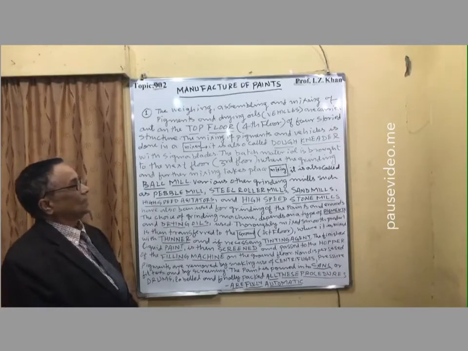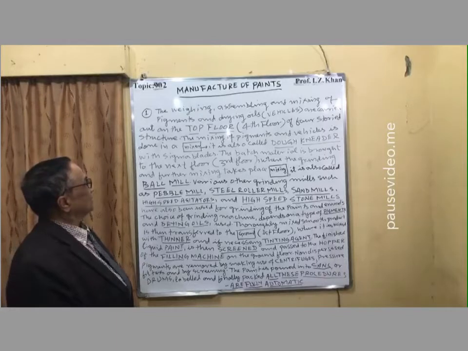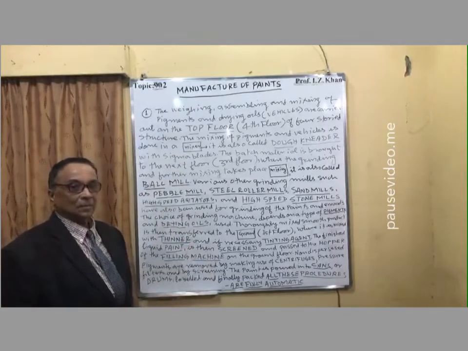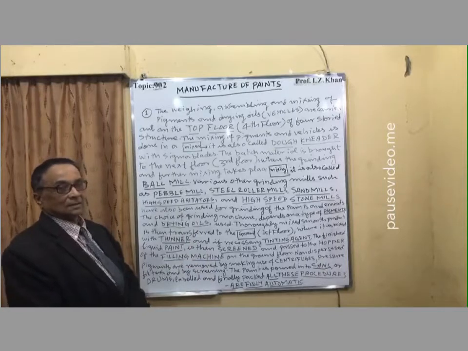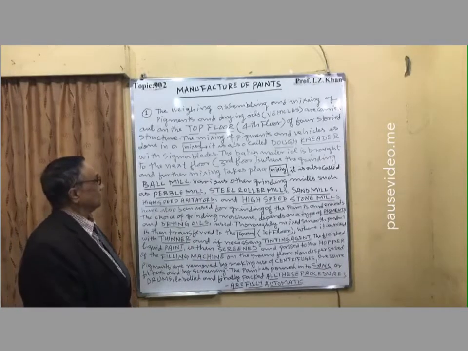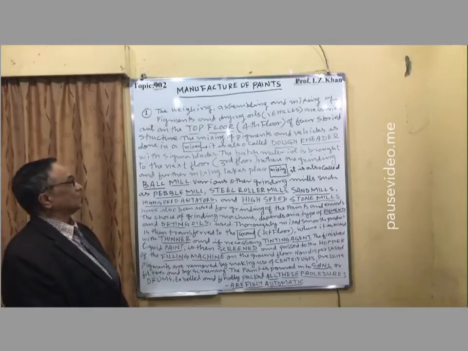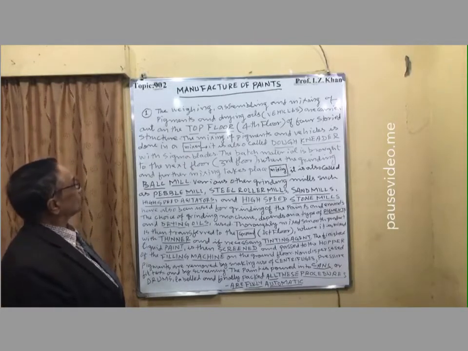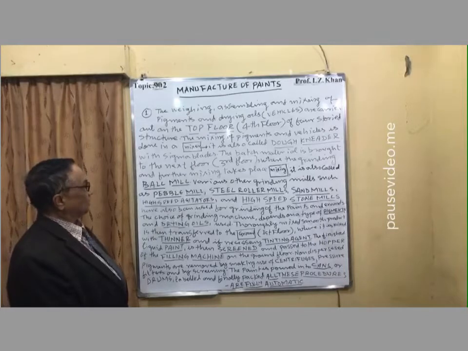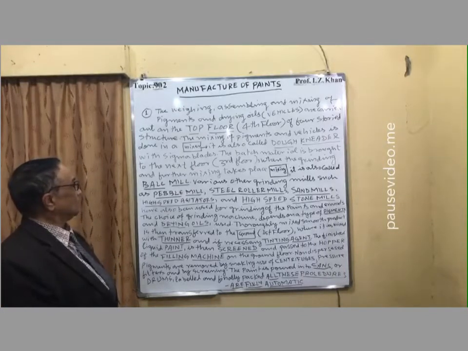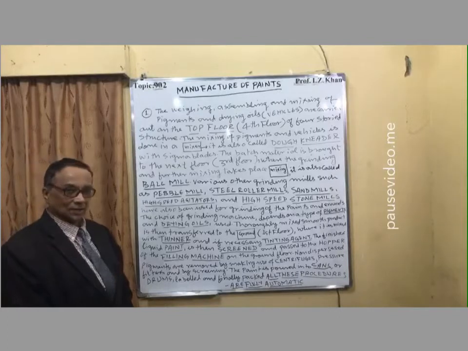So Duff Kneader is nothing but a very special type of blade mixer, blender with a very special type of sigma blades. The batch material is brought then to the next floor, and that is your third floor.